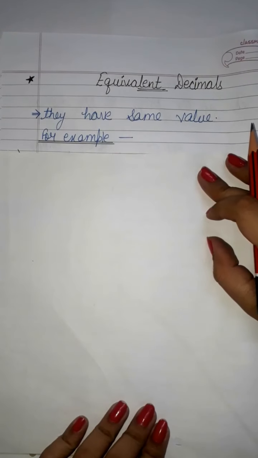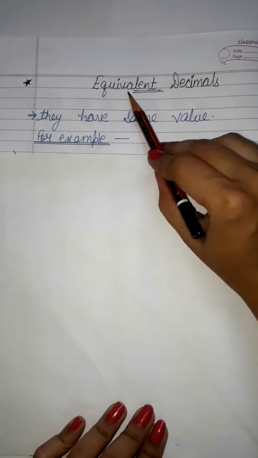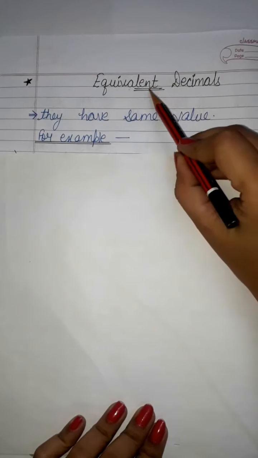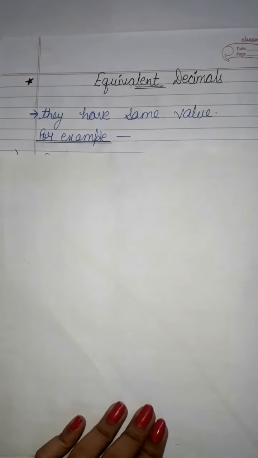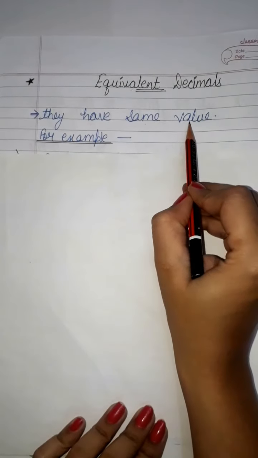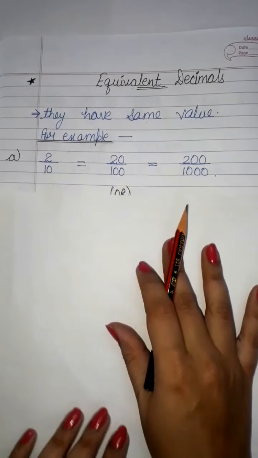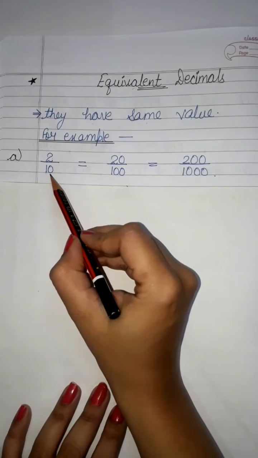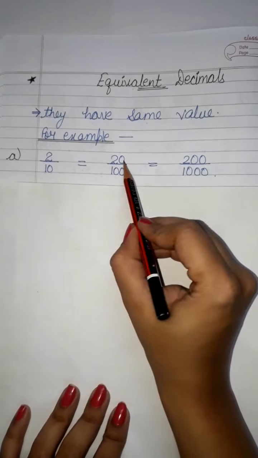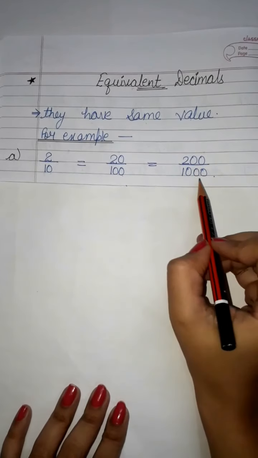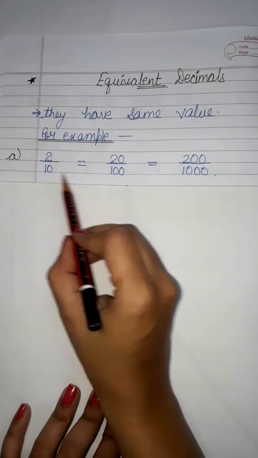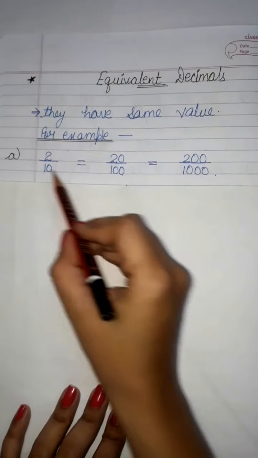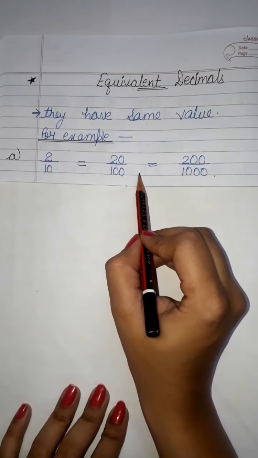Now children, I am going to explain you what equivalent decimals are. Equivalent decimals are those which have the same value. Like you can see this example: 2/10, 20/100 or 200/1000. See, all have the same value. So these all are equivalent fractions.